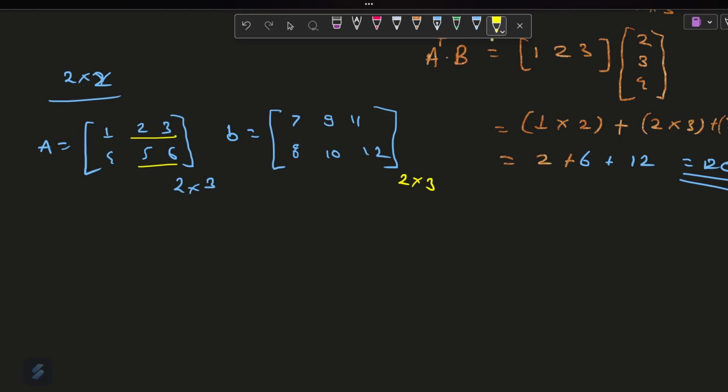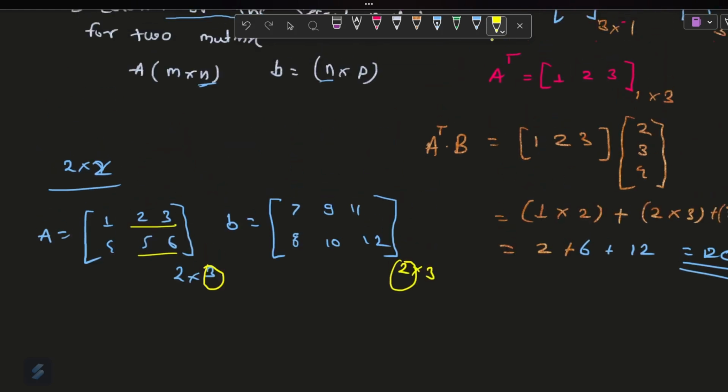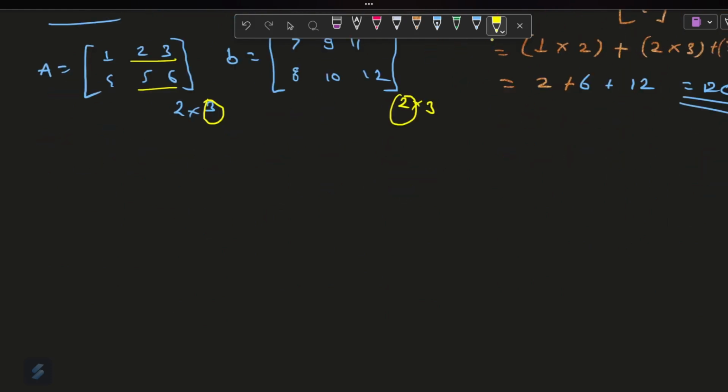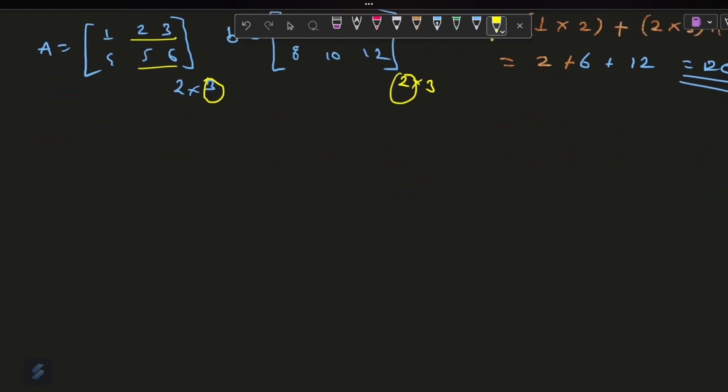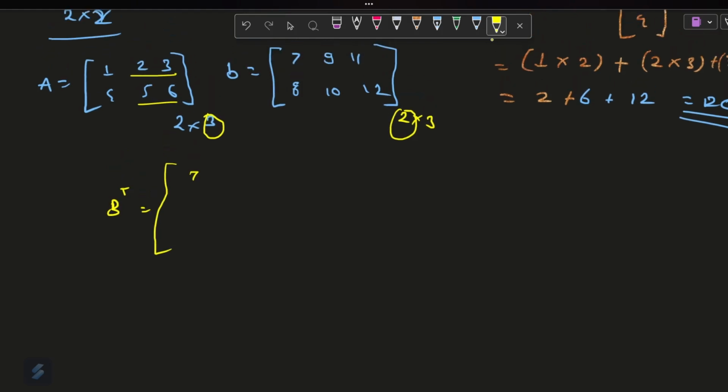So to perform the matrix multiplication, the column count and the row count need to match, but here they are the same. So we take the transpose of matrix B: 7, 9, 11 and 8, 10, 12.